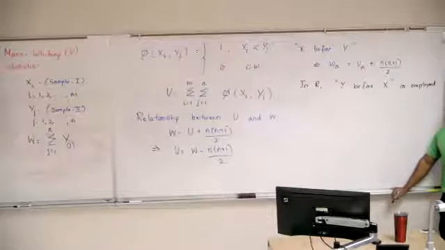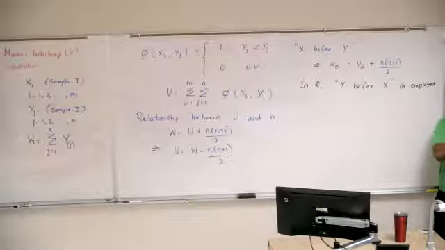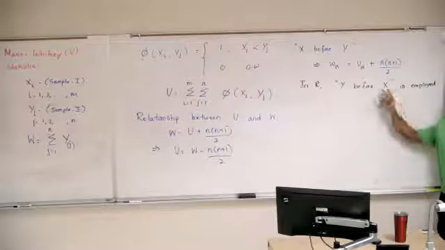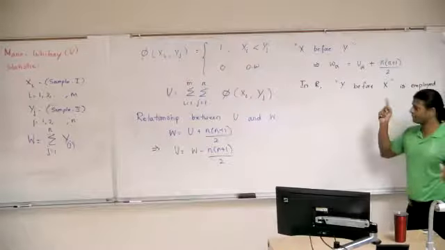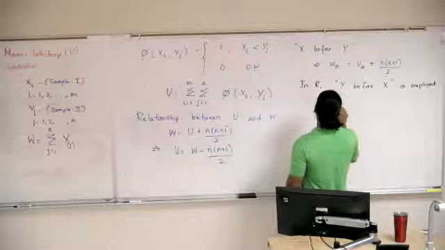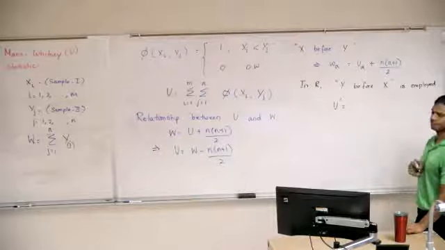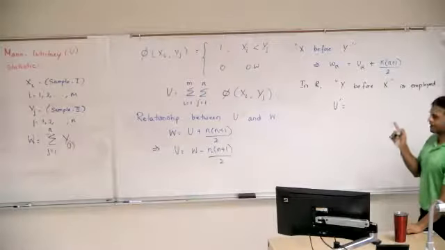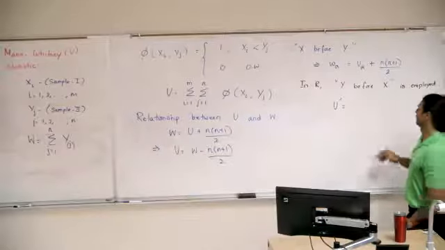So if I want to find the critical value for W, and if I want to use R, I've got to do some changes here to get to Y before X. Your book calls it U prime. U prime is computed for Y before X.